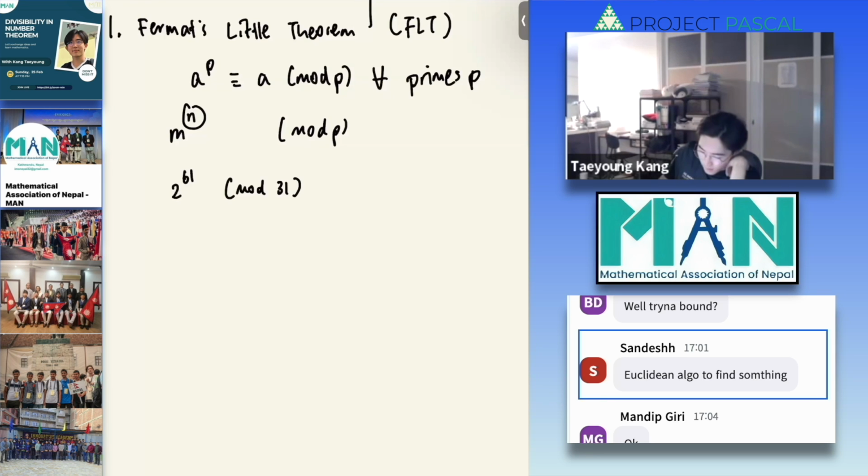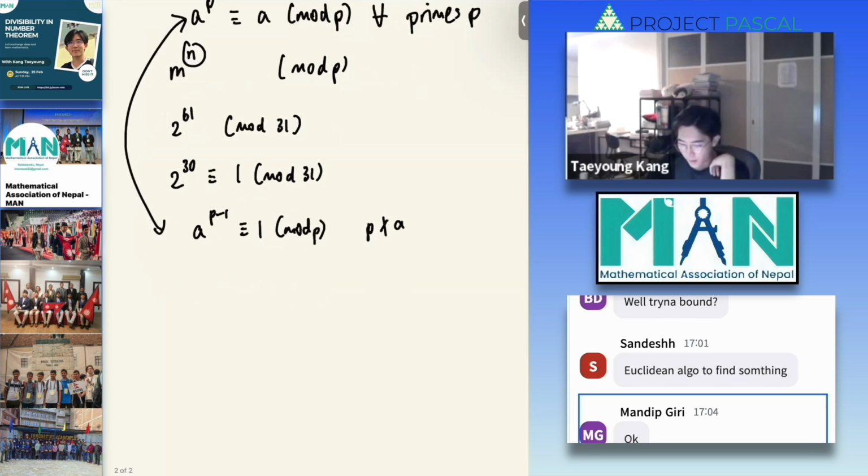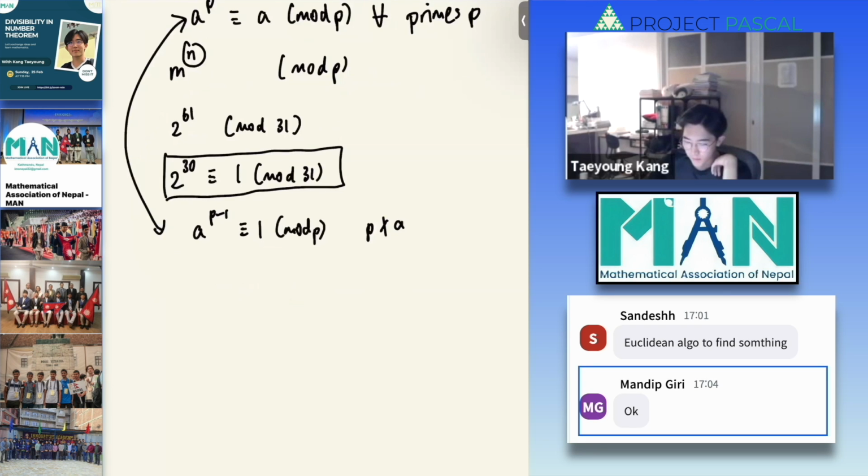We have that 2 to the power of 30 is congruent to 1 mod 31, because this is equivalent to a to the power of p minus 1 is congruent to 1 mod p as long as p does not divide a, correct? So if we have this very useful condition, we'll be able to find what this is mod 31.